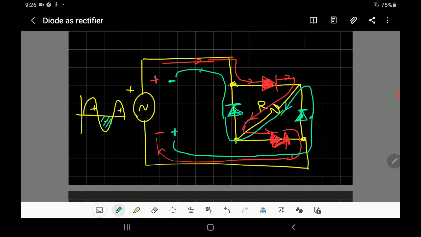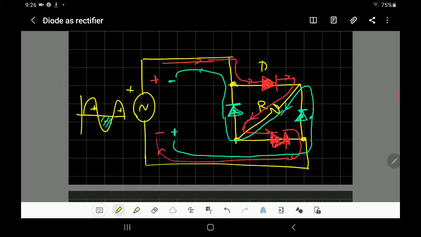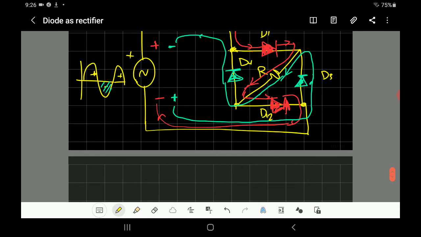You go to the negative. It finishes the cycle. So this is the bridge. That's diode 1, diode 2, diode 3, and diode 4. Diodes 1 and 2 conduct when you have the positive cycle, and diodes 3 and 4 when you have the negative cycle. So that's how it works.